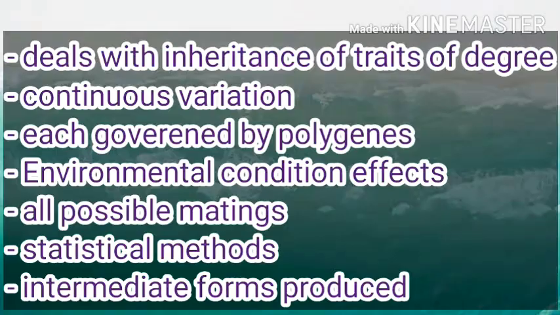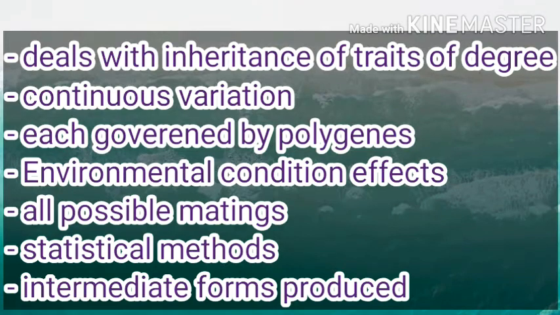The main characters are: it deals with the inheritance of traits of degree, where the examples are height, length, weight and number. A phenotypic class occurs which contains continuous variation. Each quantitative trait is governed by many non-allelic genes or polygenes. Environmental conditions affect the phenotypic expression of polygenes variously.